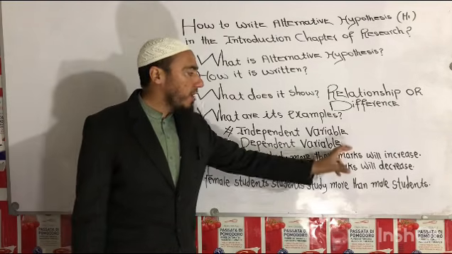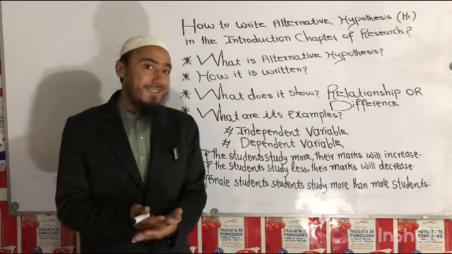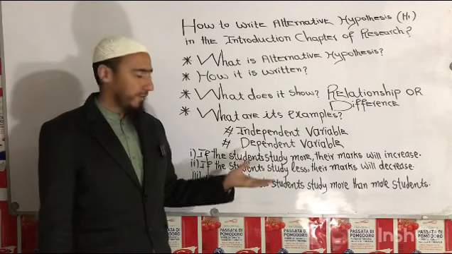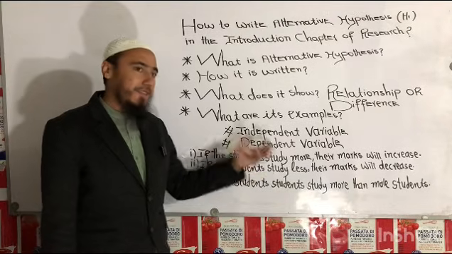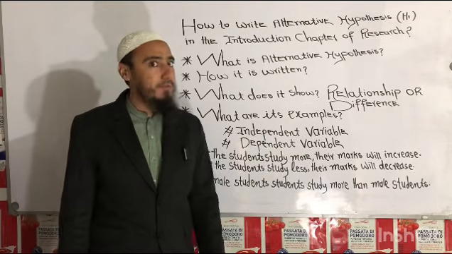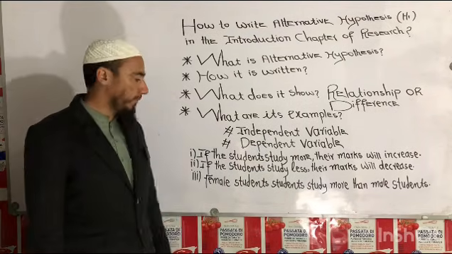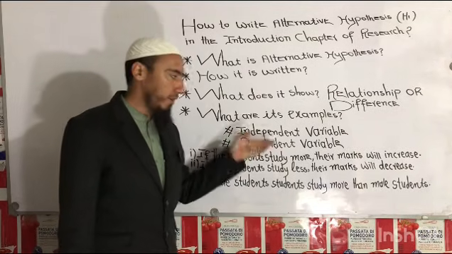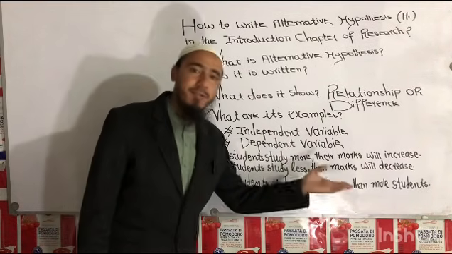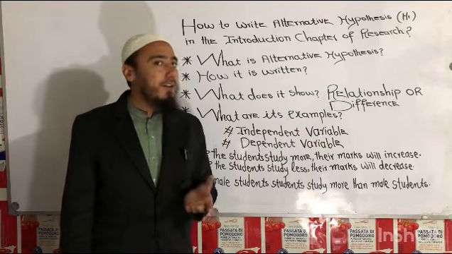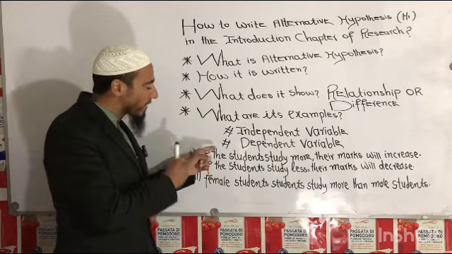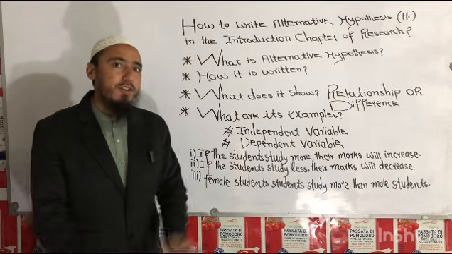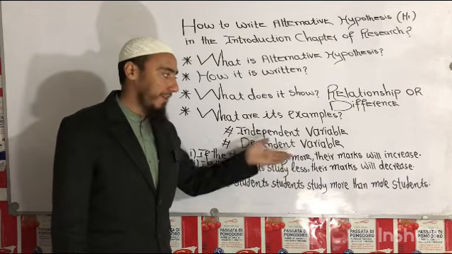And their marks depend upon their study. So as much as they study, that much their marks, their position will increase. So here if the students study, this is the independent variable, their marks will increase, that is the dependent variable. So in this example, there is a relationship between two variables in this hypothesis.